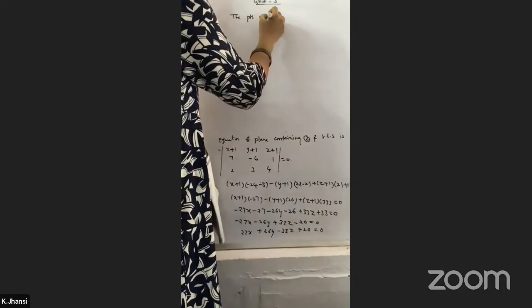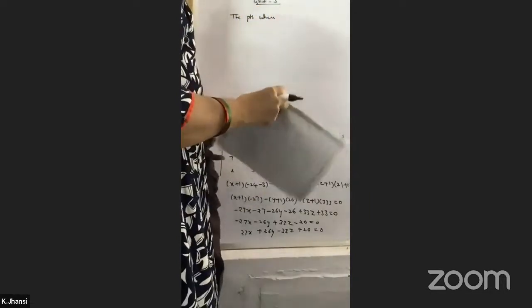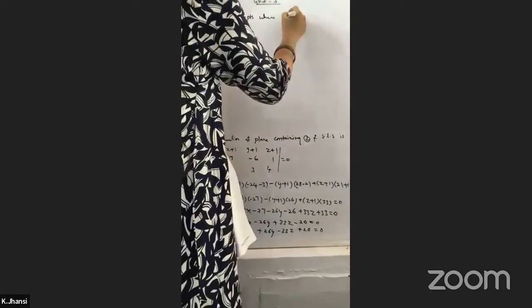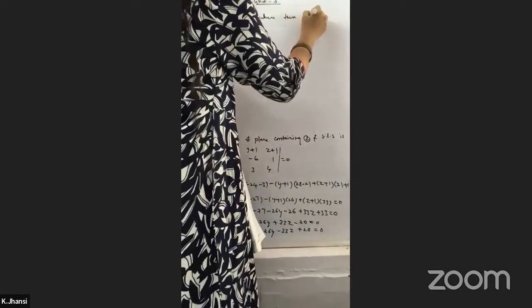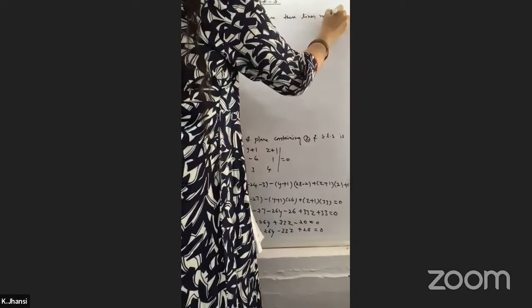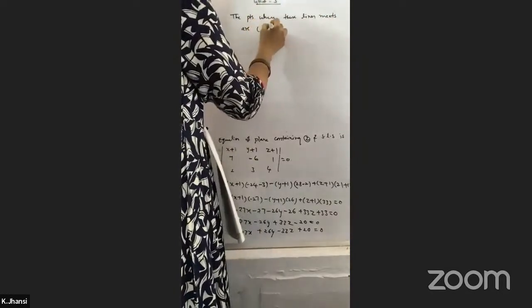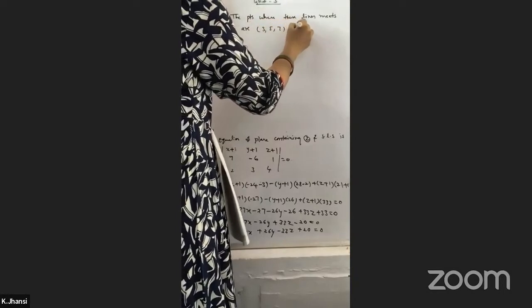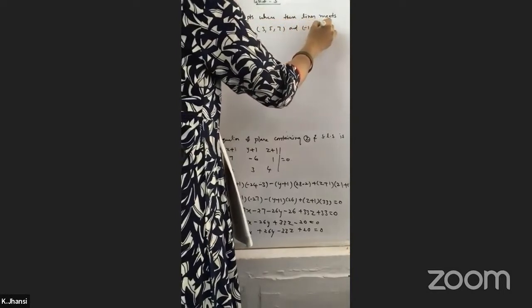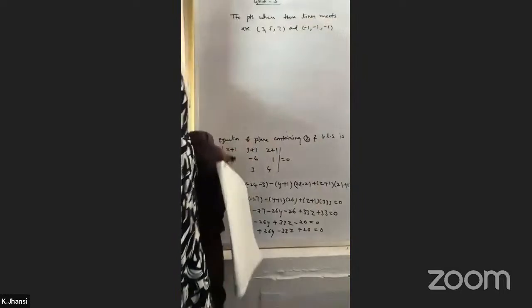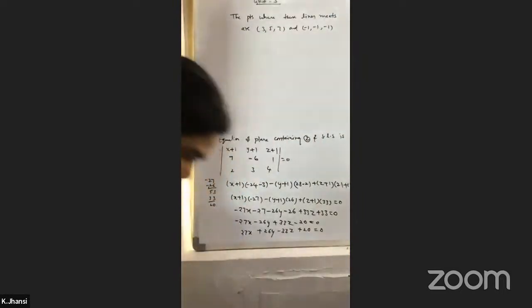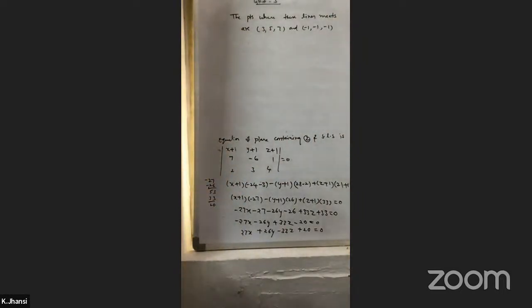The points where these lines meet are 3, 5, 7 and minus 1, minus 1, minus 1. Okay, so this is the procedure for how to find the shortest line segment and the equation of the plane.